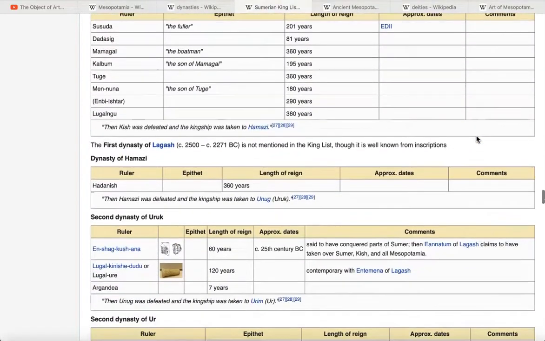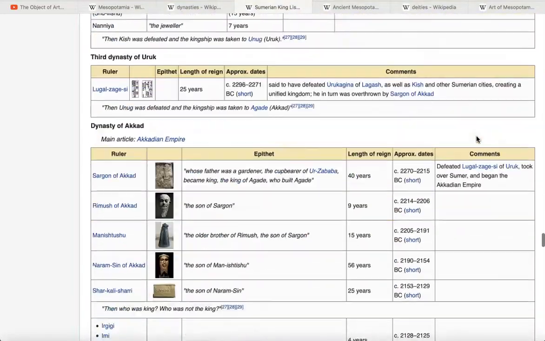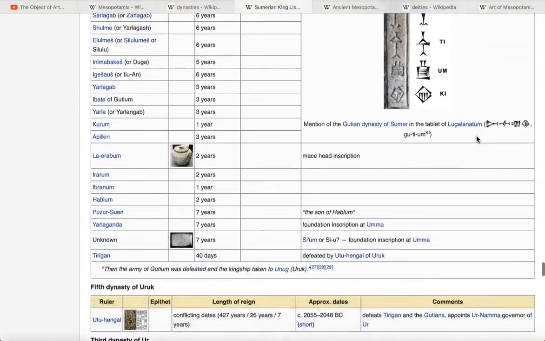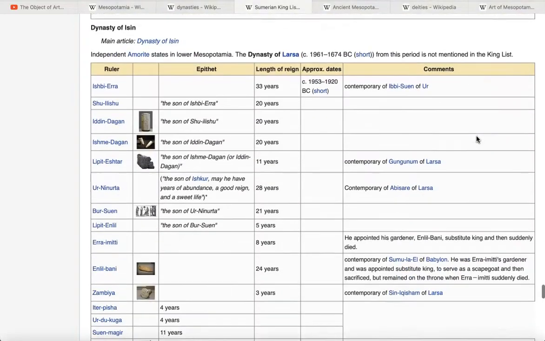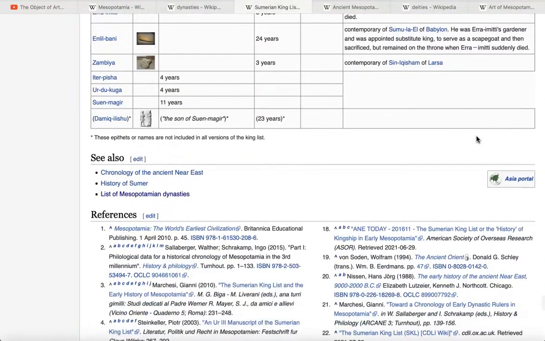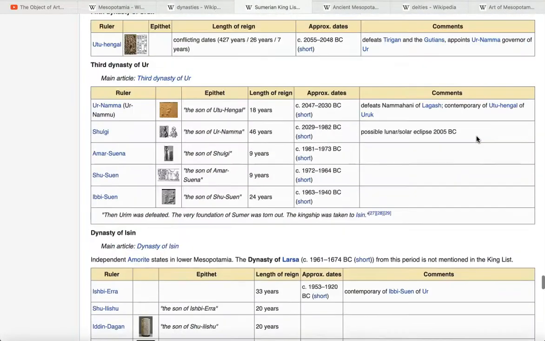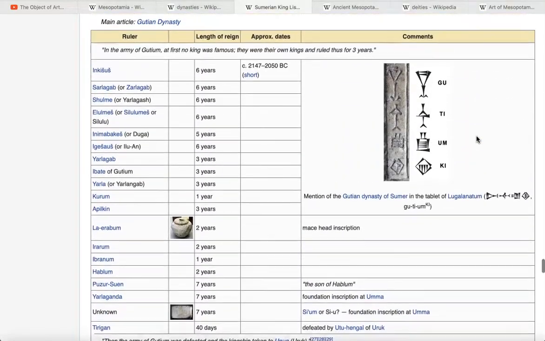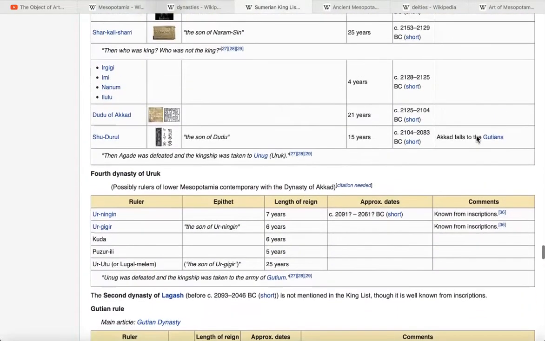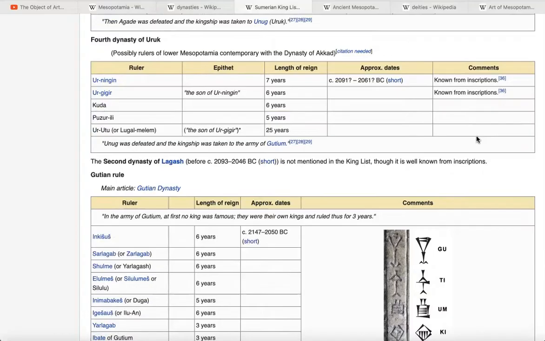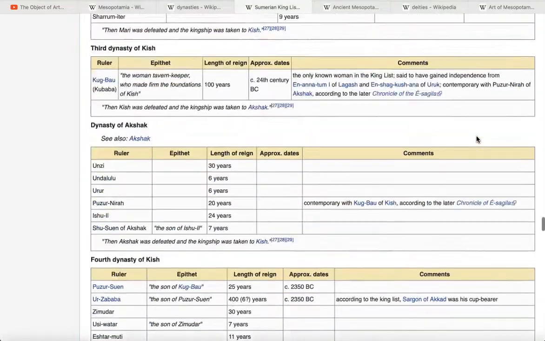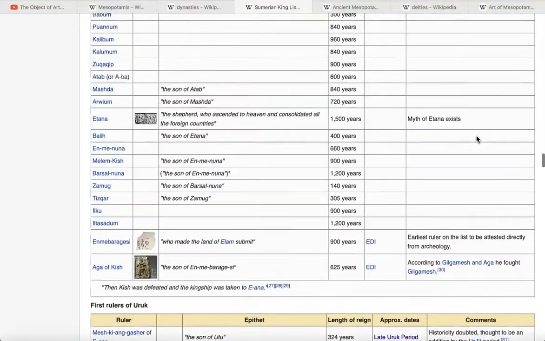But again, marvelous, marvelous resource here. The Sumerian Kings List. And it's not so much what's written here, it's also a question of what does it mean? What's going on?